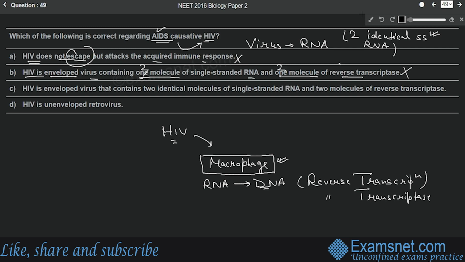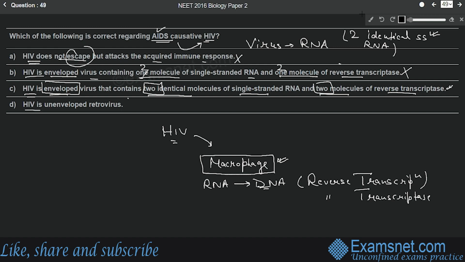Then the third statement says HIV is enveloped virus that contains two identical molecules of single stranded RNA and two molecules of reverse transcriptase. Yes, this is true. First of all, the HIV is enveloped, that you have to remember. Then it contains two identical single stranded RNA molecules and two molecules of reverse transcriptase enzyme. So this is a correct statement.